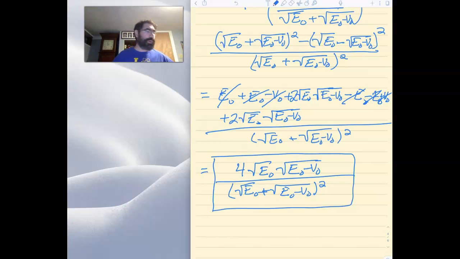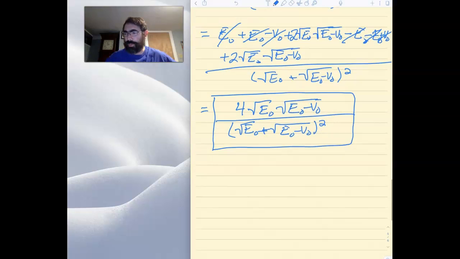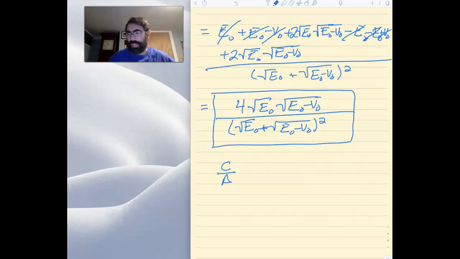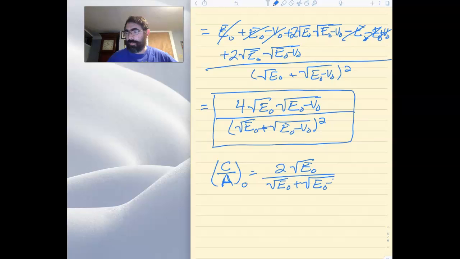Now we can calculate the probability that the particle would actually transmit and travel on the other side instead of reflecting back. We can actually clean this up a little bit if we remember that C over A, using the initial energy, was 2 times the square root of E naught over the square root of E naught plus the square root of E naught minus V naught.